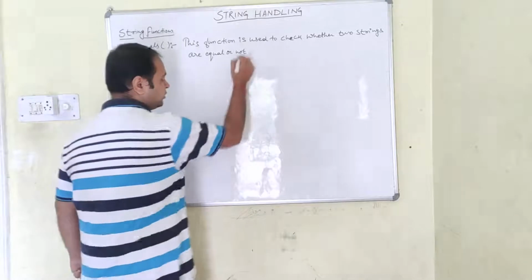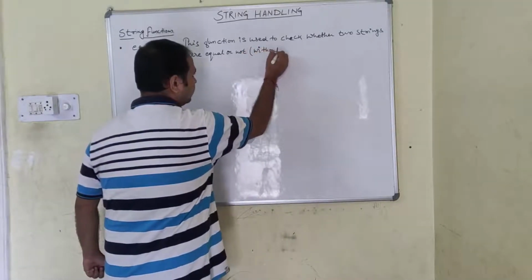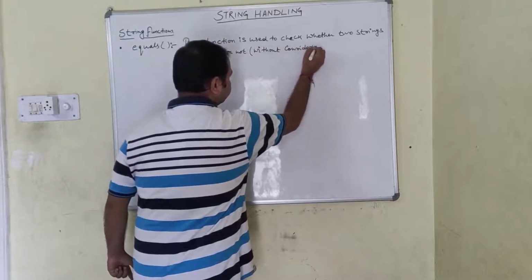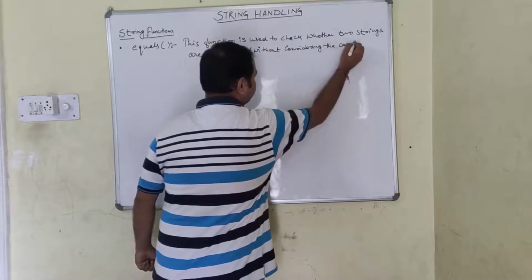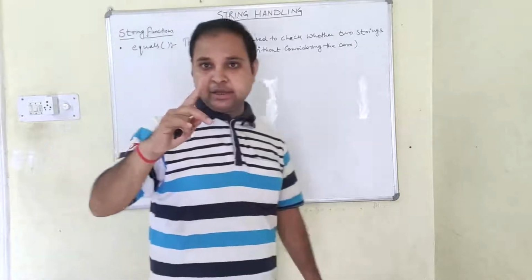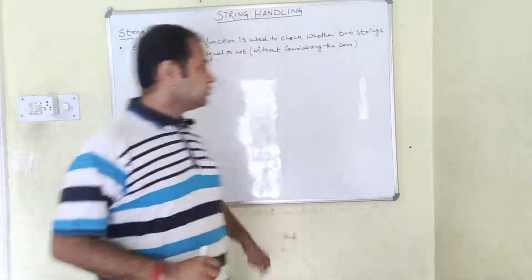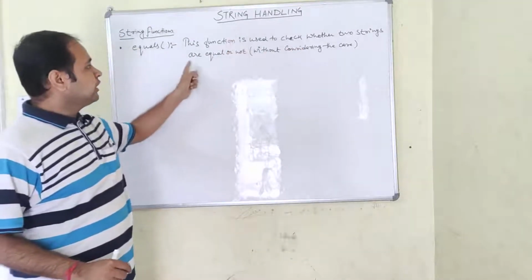This is the very important thing here. Without considering the case means it will take the capital A and small a as different letters. So this function will check whether the two strings are equal or not.